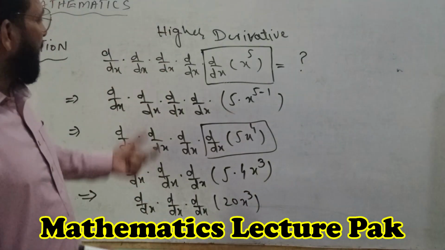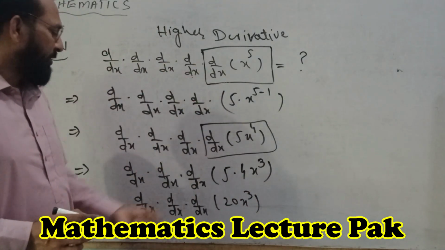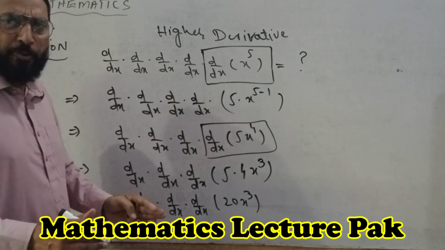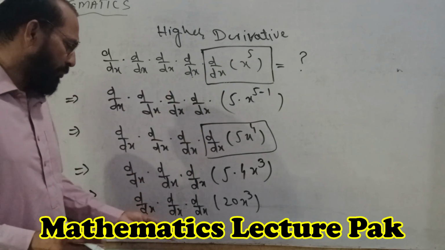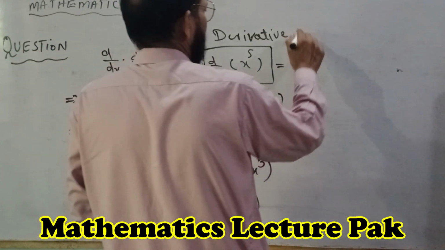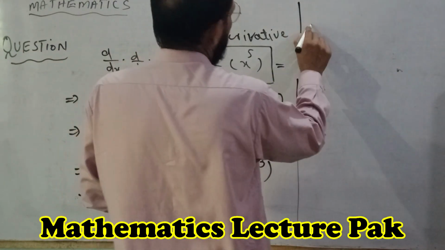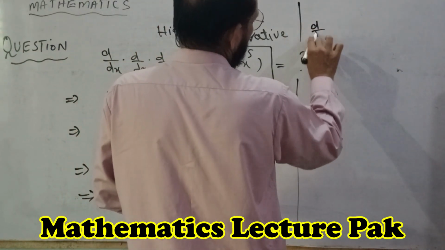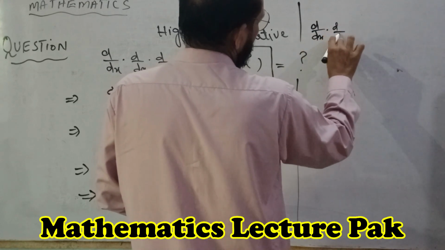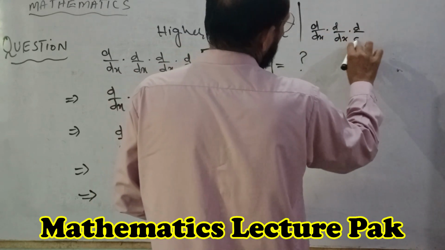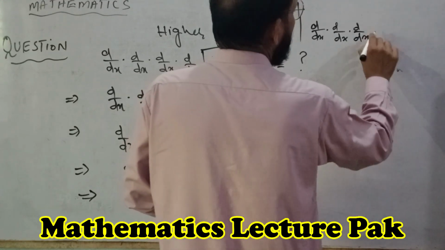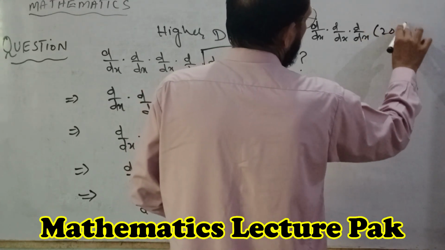Now here the 5 derivatives of this function, the 2 derivatives, we have solved the second derivative, and now we have 3 derivatives remaining. So we can write d over dx of 20x^3.